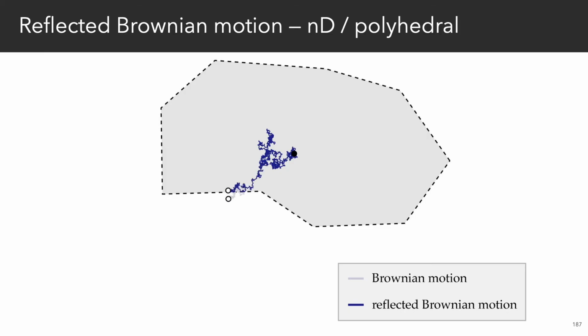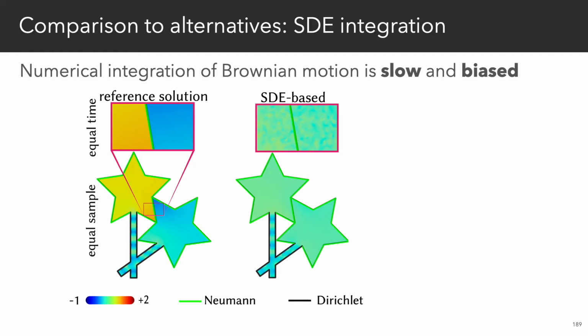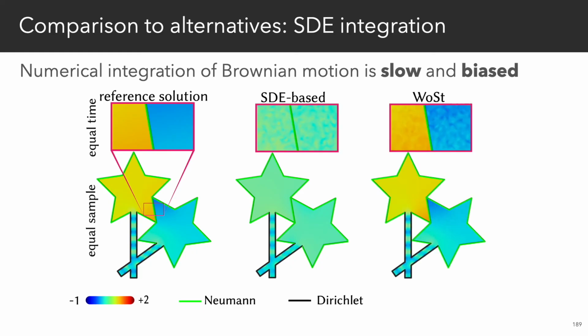This definition also extends to polyhedral domains, where Brownian motion is reflected back into the domain across any boundary face it crosses. We can therefore simulate reflected Brownian motion using standard numerical integration schemes such as Euler-Maruyama. But this tends to produce extremely biased results in bounded domains, and it's also very slow even in domains with simple geometry because of small step sizes. In comparison, walk-on stars takes large steps and introduces negligible bias.